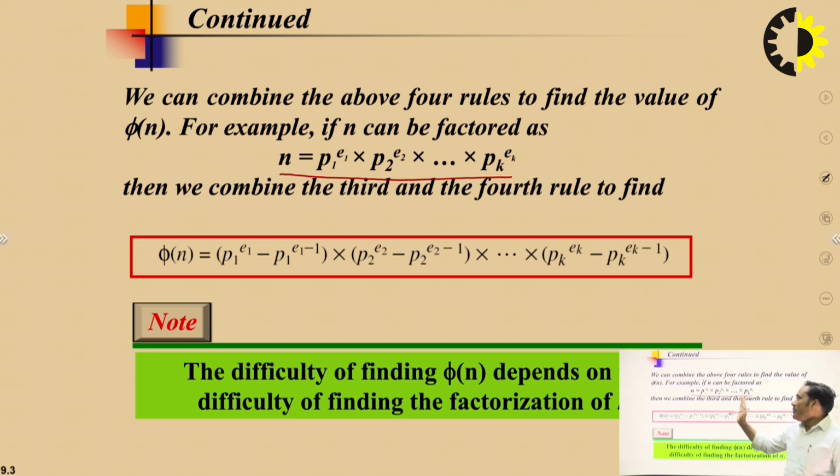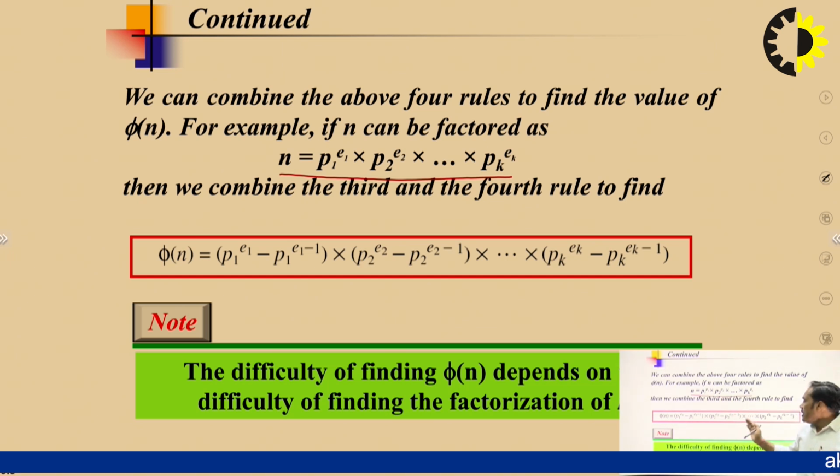Similarly, in place of p2 raised to the power e2, you put p2 raised to the power e2 minus p2 raised to the power e2 minus 1. Similarly, you multiply the last term, pk raised to the power ek minus pk raised to the power ek minus 1.